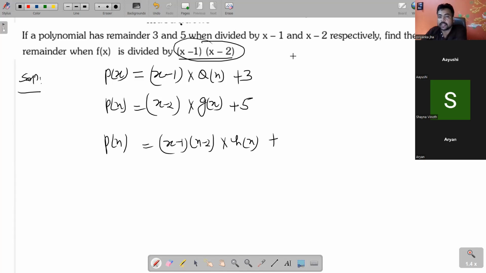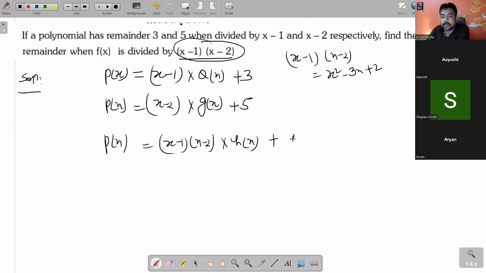Now you can see the divisor here is x minus 1 into x minus 2. If you multiply, this is a quadratic equation. So the degree of the divisor is 2, and the degree of the remainder would be maximum 1. It cannot be 2, it cannot be more than that. So the degree of the remainder can be maximum 1.